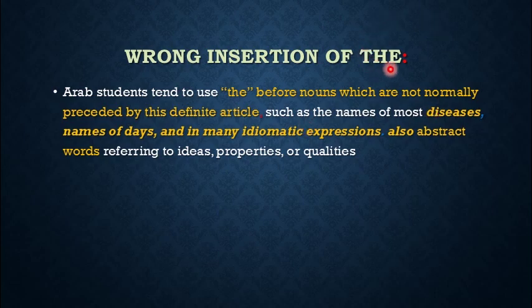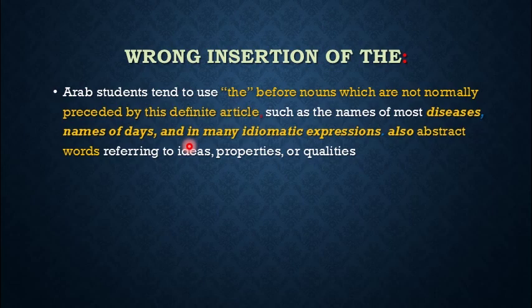For example, before the names of diseases and names of days, we don't use "the" in English. However, an Arabic speaker would probably use "the", because in their native language they use "al" in the Arabic version of the word.